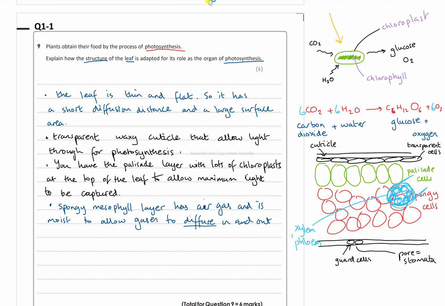Yeah. So now we can say, right, the guard cells, if I can spell guard cells there.